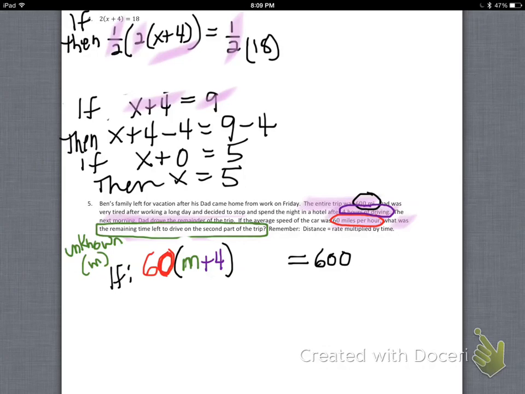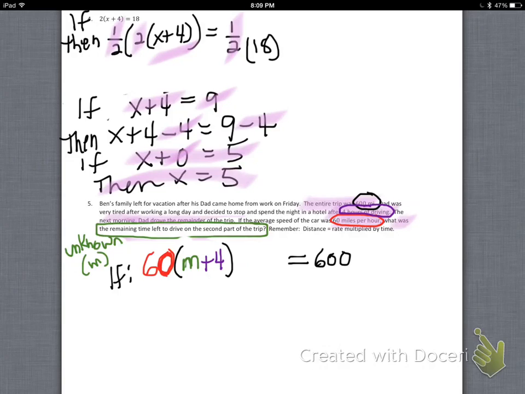If x plus 4 equals 9, then I can subtract away the 4 from both sides with my additive inverse of 4, because I'm trying to get 0 on that side and isolate x. If x plus 0 equals 5, then x equals 5. So that's that one. Hopefully everyone's gotten that down.